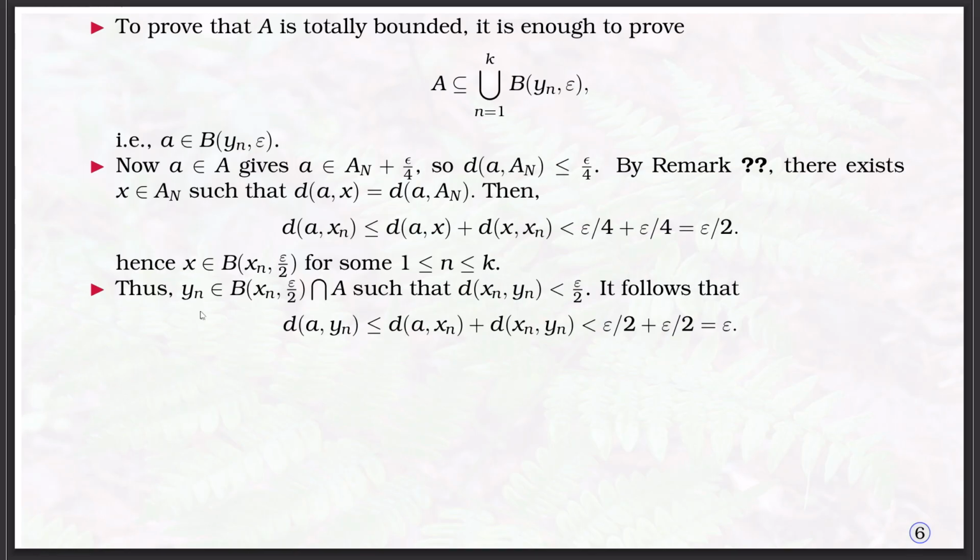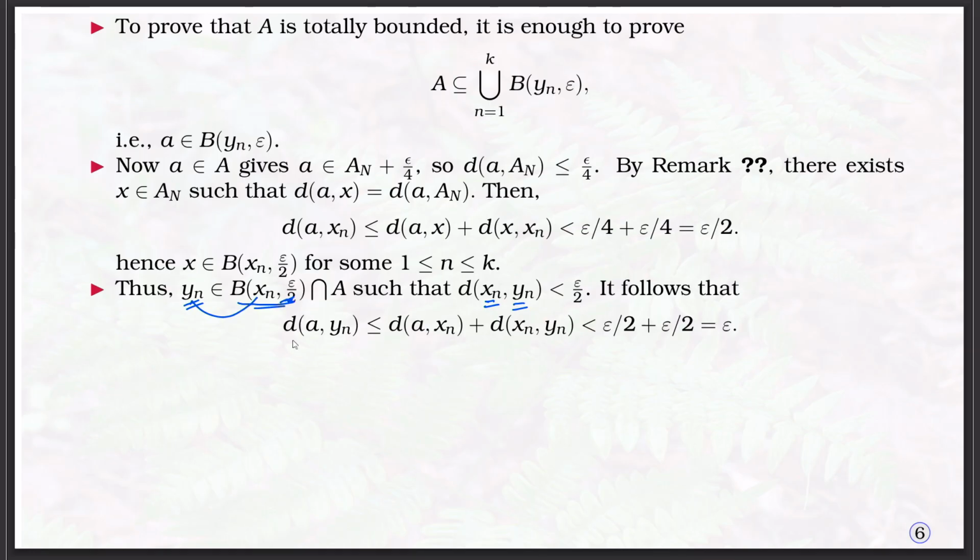Thus y_n belongs to this ball intersect A such that the distance between x_n and y_n is less than epsilon by 2.